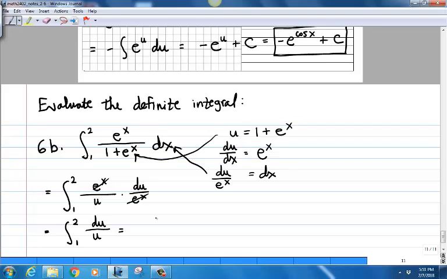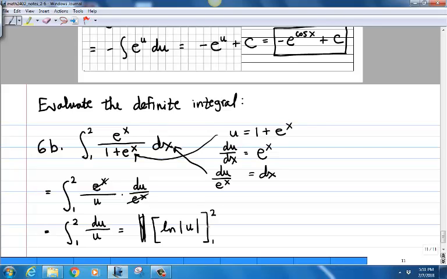natural log, right? So the antiderivative of 1 over u du is just going to be the natural log of the absolute value of u, and then of course we want to evaluate this between those limits of integration, which are 1 and 2.